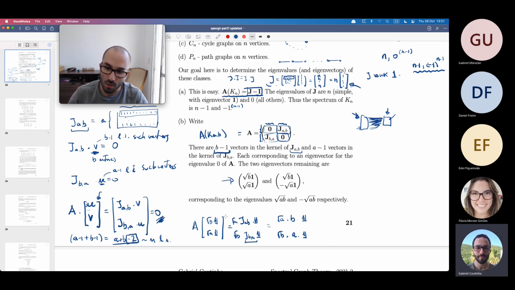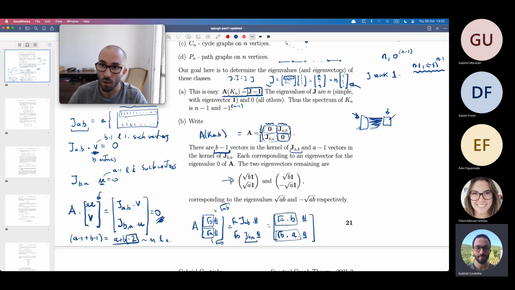And now it's easy to see that this is giving us an eigenvector eigenvalue equation, because this number is precisely this number multiplied by the square root of AB, and this number is precisely this number multiplied by the same thing.